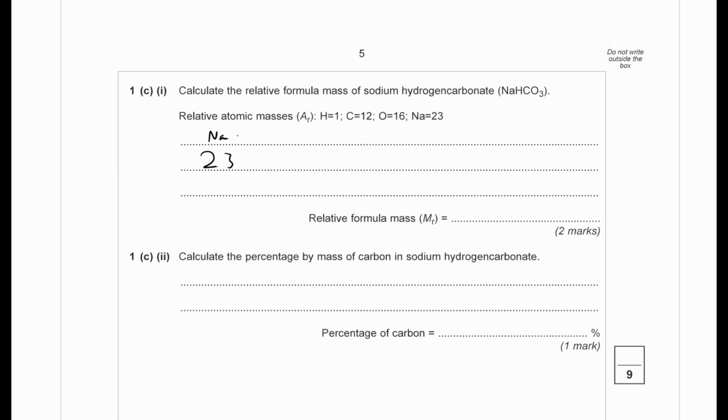Okay, and we're going to add to that hydrogen, which has an atomic mass of 1, and we only have 1 hydrogen. We're also going to add to that carbon, which has an atomic mass of 12, and we've only got 1 of those. And we're also going to add oxygen, but it's O3. So it's going to be 3 lots of 16, which is 48.